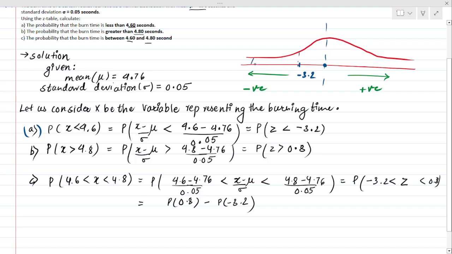The area covered in this region is the value of the probability that z is less than minus 3.2. Let us say that this is greater, and we have 0.8 somewhere here.